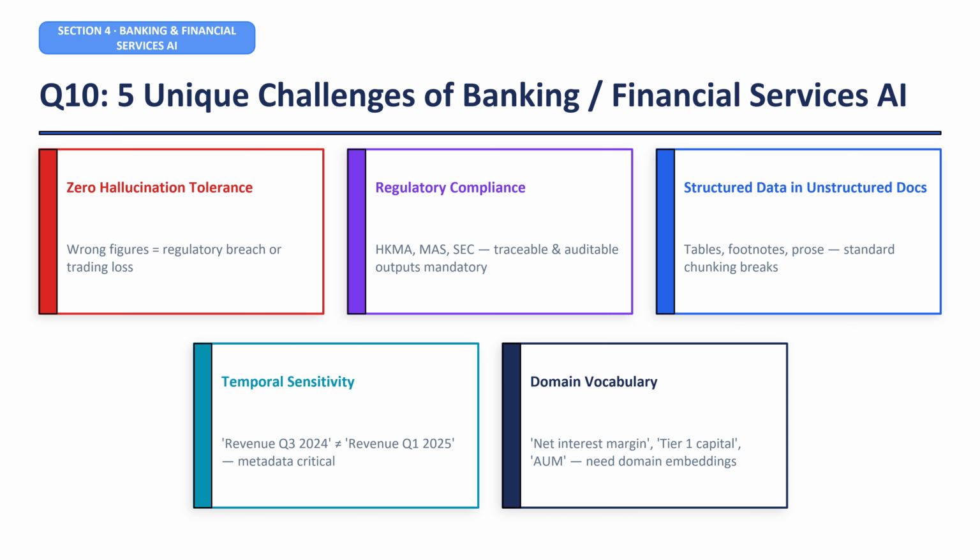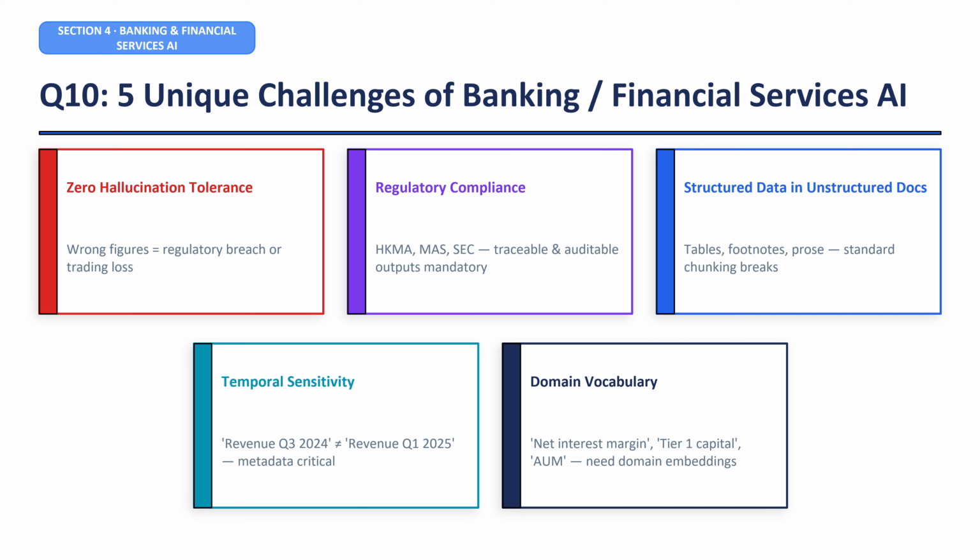Five: domain vocabulary. Terms like net interest margin, Tier 1 capital ratio, and AUM, for those who don't know, assets under management. If your embedding model doesn't understand these terms, your retrieval quality degrades significantly.